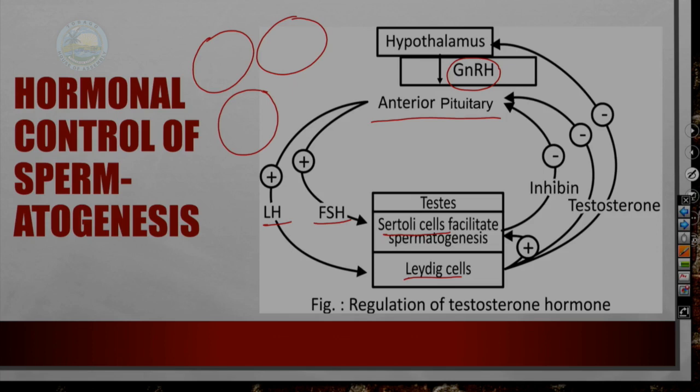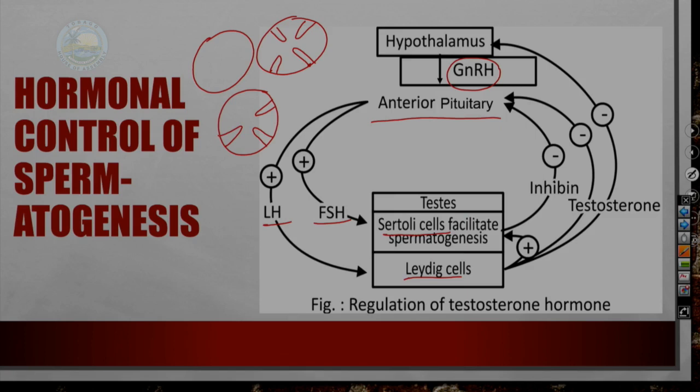Now there are particular cells in here you will recognize and remember. You have Sertoli cells, and these cells play a very important role in the production of sperms. They help to nourish the sperms, and so they can increase the rate of spermatogenesis.